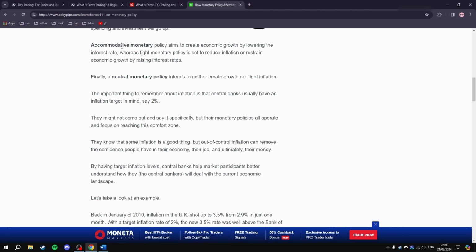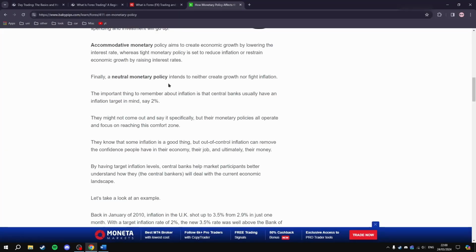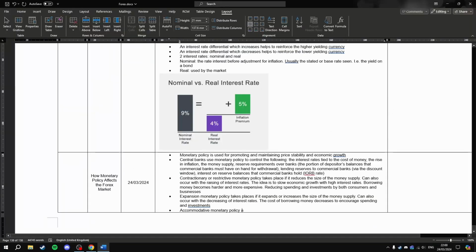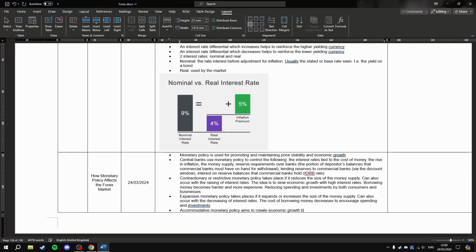Accommodative monetary policy aims to create economic growth by lowering the interest rates.